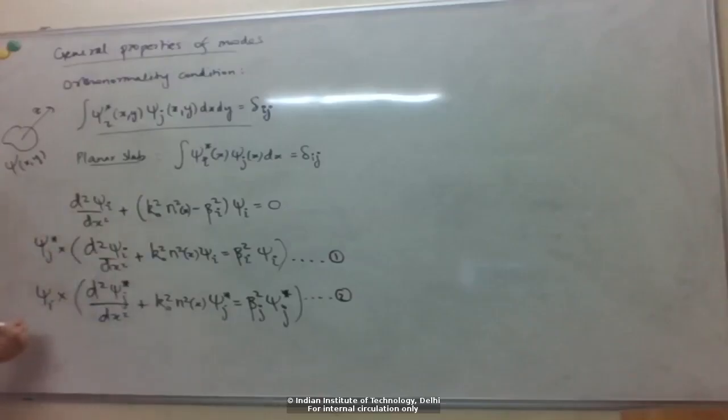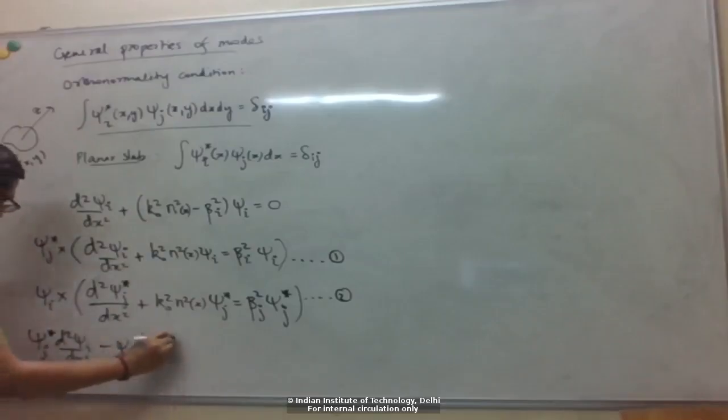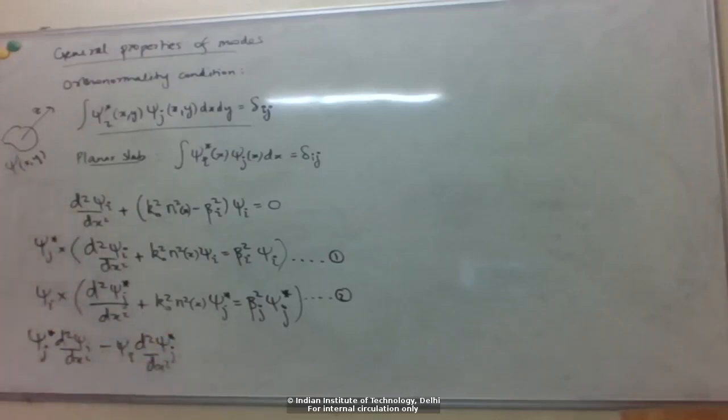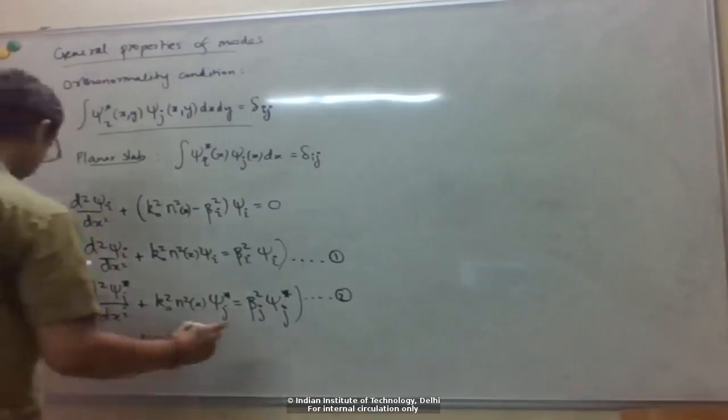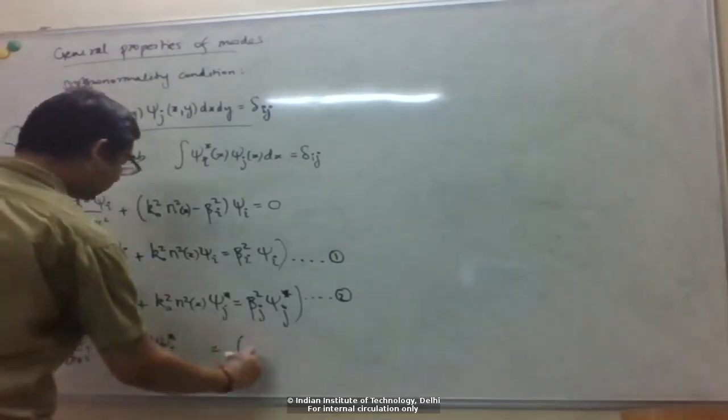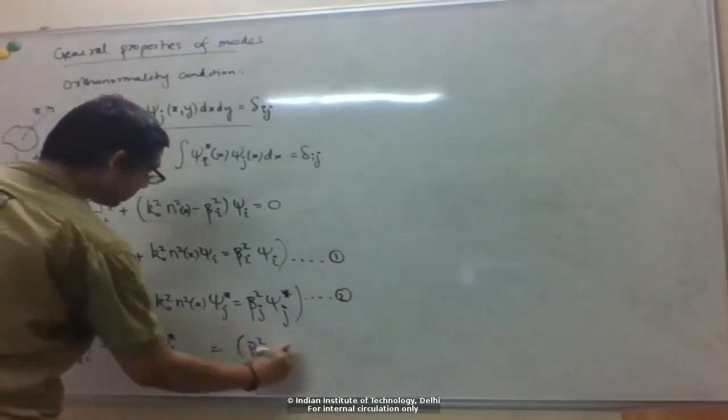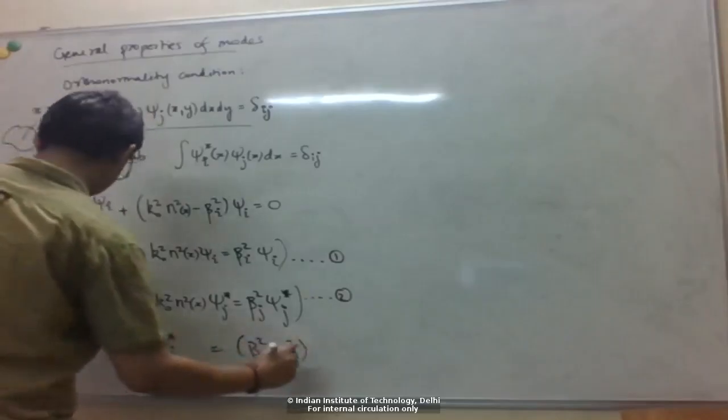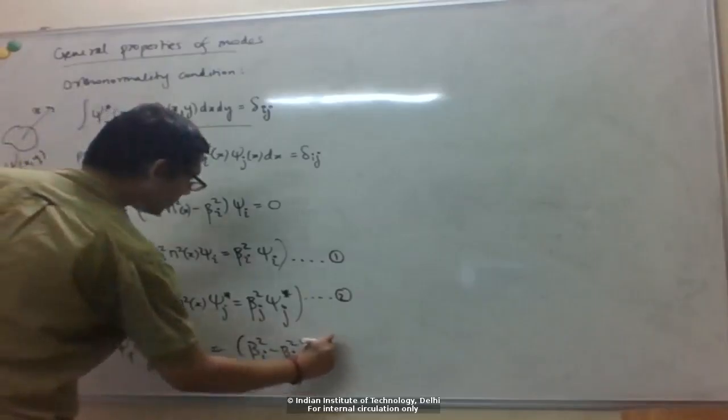So we get on the left hand side, and of course on the right hand side it's just the difference in the propagation constants times that.